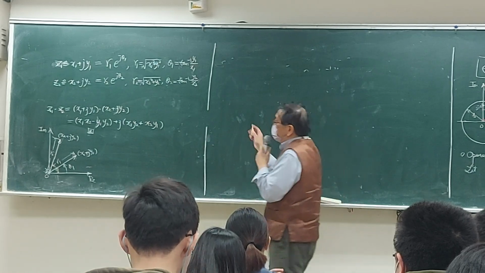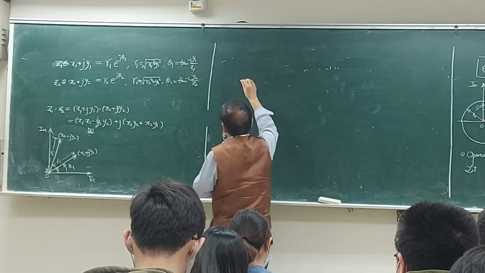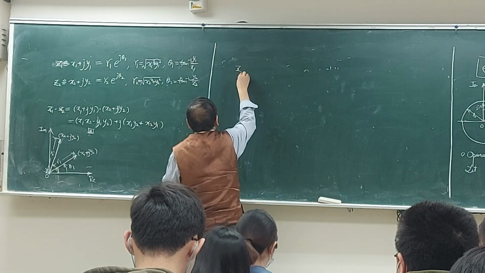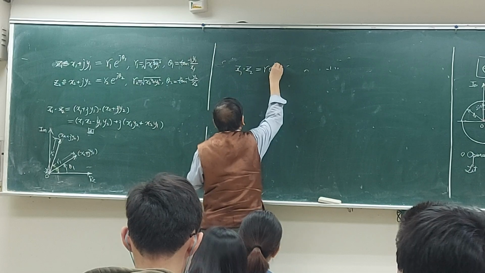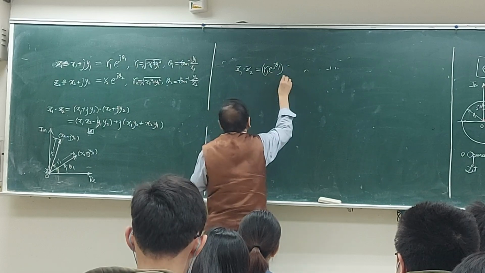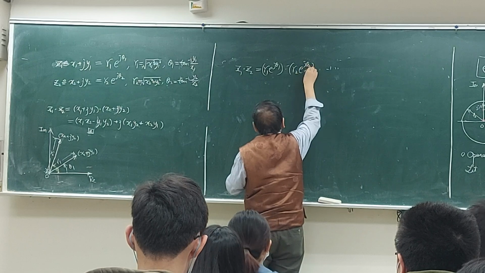Once I use the polar form, using Euler's formula, the product can be written as R1 e to the j theta 1 times R2 e to the j theta 2.